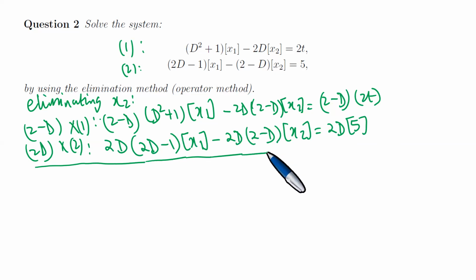So what do we get here? Okay, this is what we achieve. Now, we can give them names and say, okay, we can call this one 3 and call this one 4.